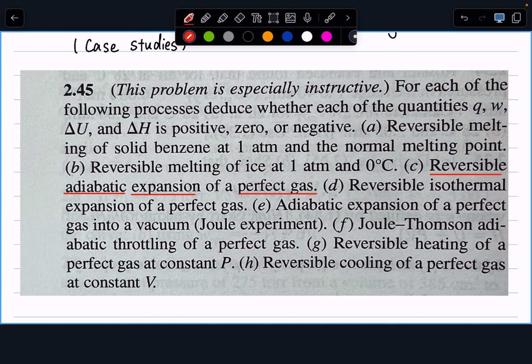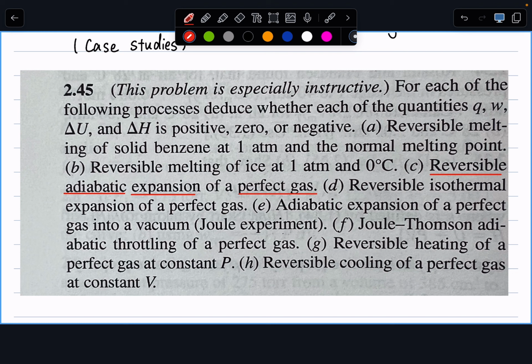Again, reversible adiabatic expansion of a perfect gas. Q is 0, right? And what about work? It's an expansion of the perfect gas, so W reversible equals negative PdV. And since it's an expansion, our work is negative, right? The system is doing work on the surroundings.